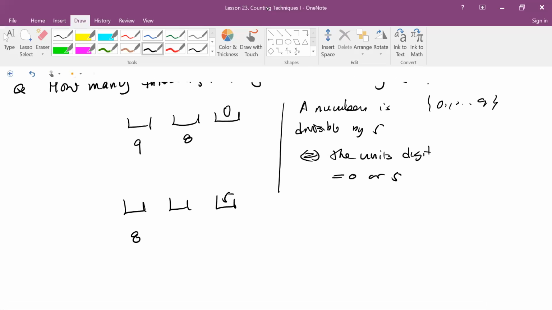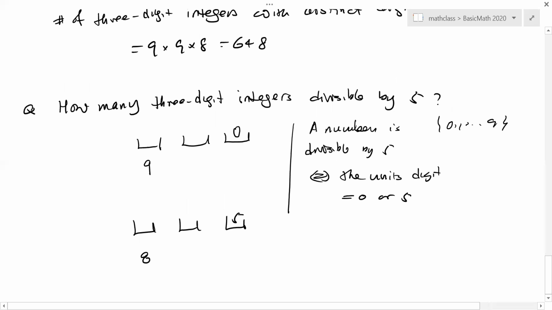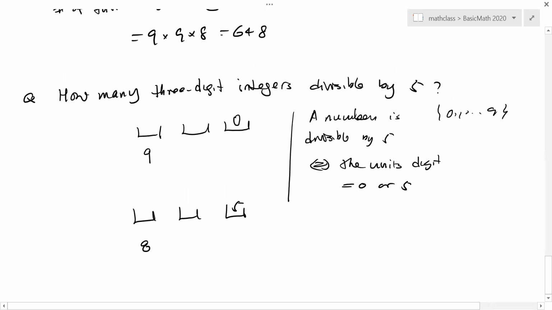Sometimes I will put an additional comment, say with distinct digits, and that will be different. Otherwise the digits can be used over again.